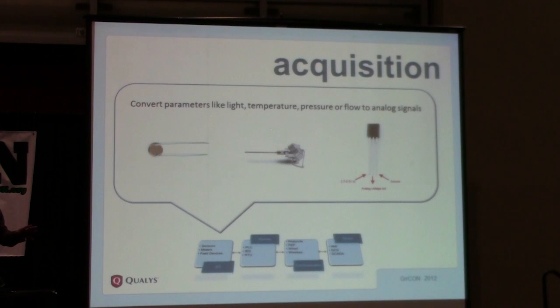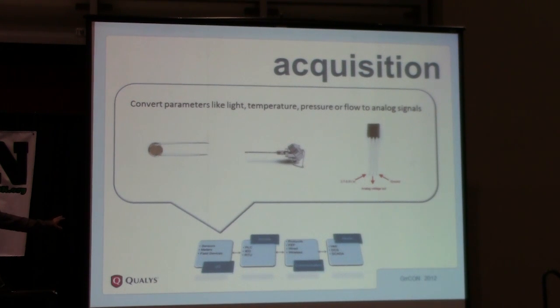Again, not all SCADA systems would be like that, not all ICS systems would be like that, but this is a general block diagram that more or less all systems comply with. The example that I have here is a photo sensor, a pressure sensor, and a temperature sensor. So pretty okay till now. This is just data acquisition where parameters like temperature, pressure, flow, or whatnot get acquired.